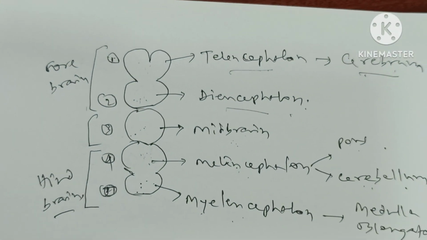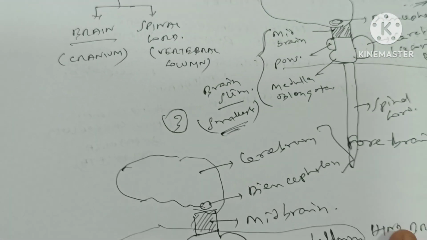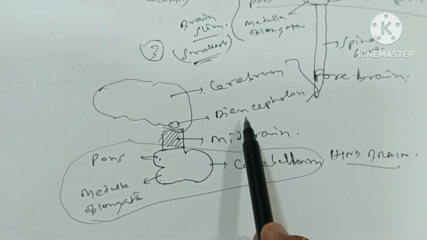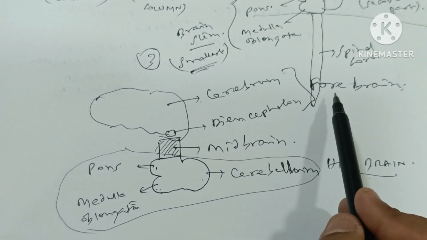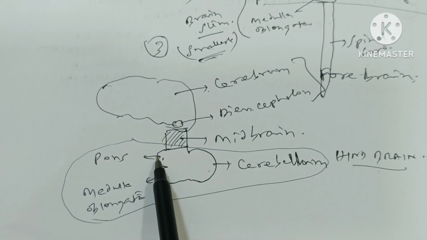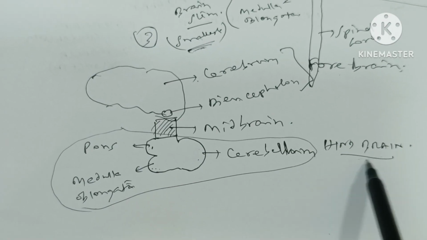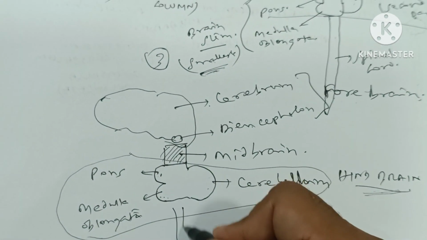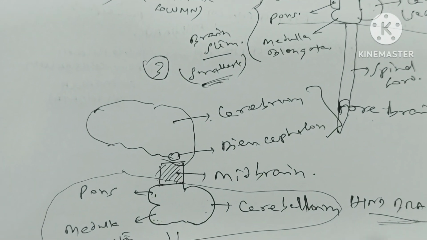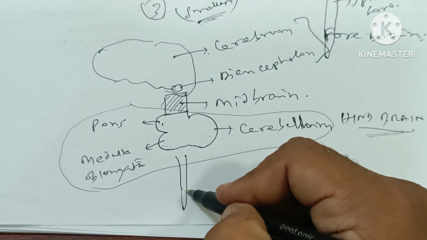We have now understood how the various regions of the brain are formed: how the cerebrum and diencephalon form the forebrain, how the midbrain is formed, and how the pons, cerebellum and medulla oblongata form the hindbrain. In this way the neural tube develops into the central nervous system, the brain and spinal cord.